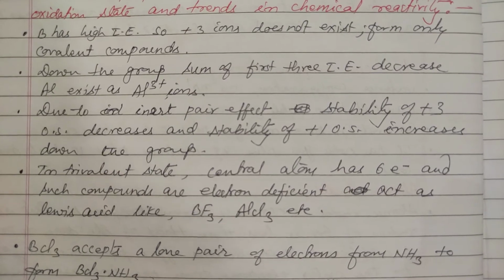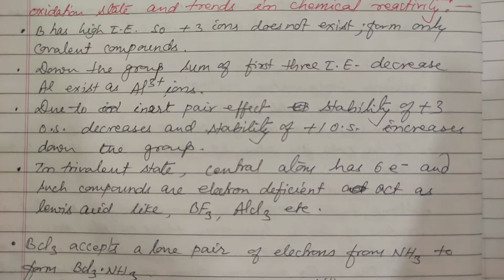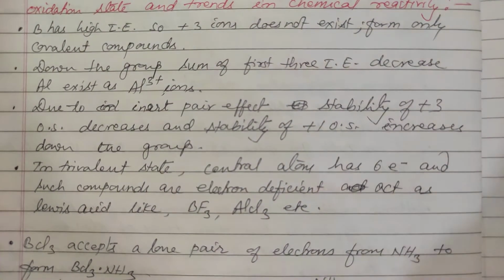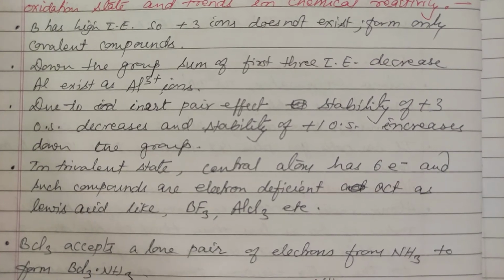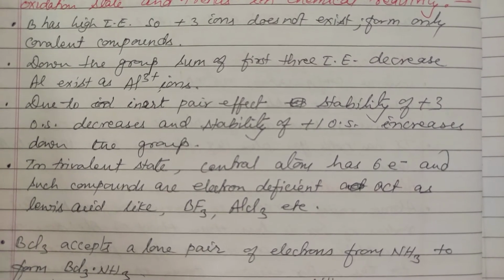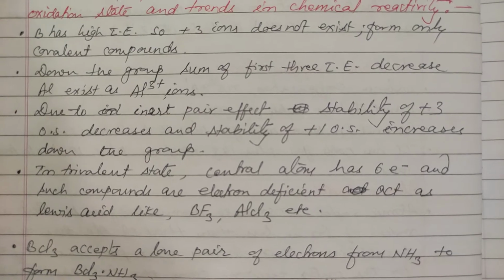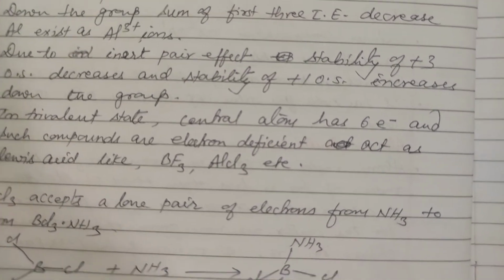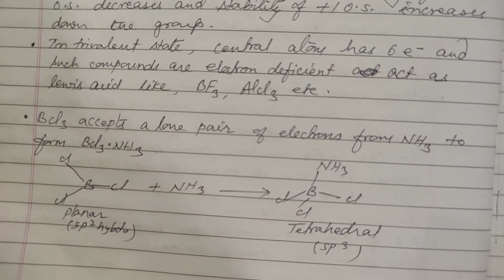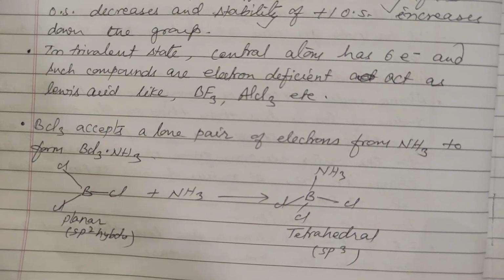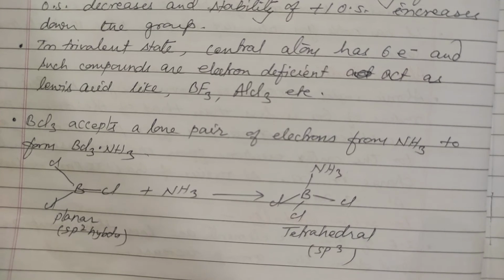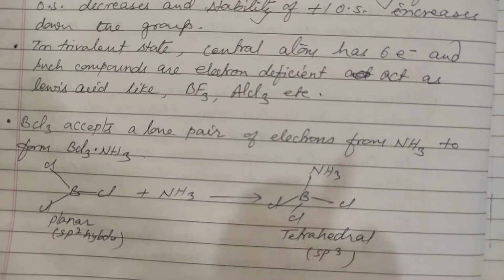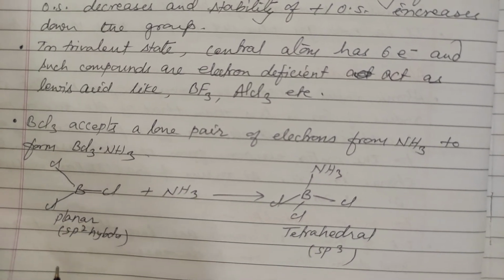In the trivalent state, the central atom has 6 electrons in the compound, and such compounds are electron deficient and act as Lewis acids, like BF3, AlCl3, etc. BCl3 accepts a lone pair of electrons from NH3 to form BCl3NH3.